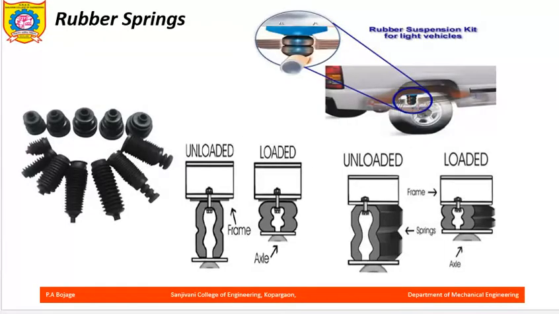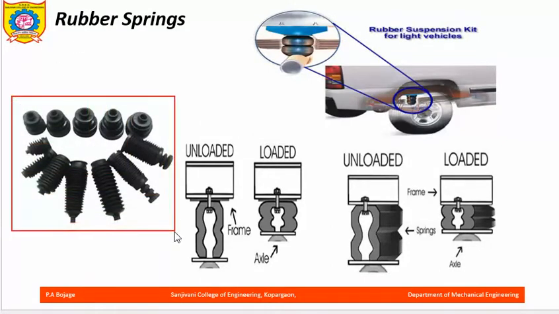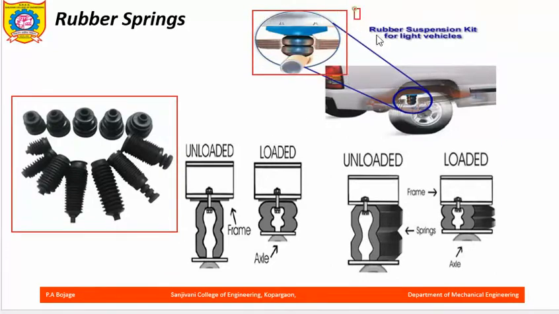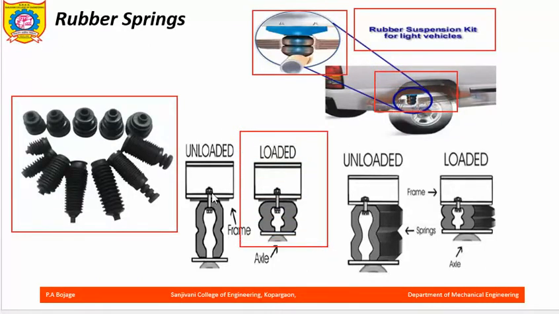The next type of springs are the rubber springs. Now you can see in this diagram, these are the different types of rubber springs, typically used in light vehicles. So this is the loaded rubber spring and this is the unloaded rubber spring.